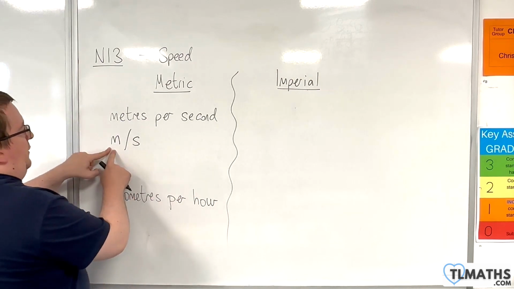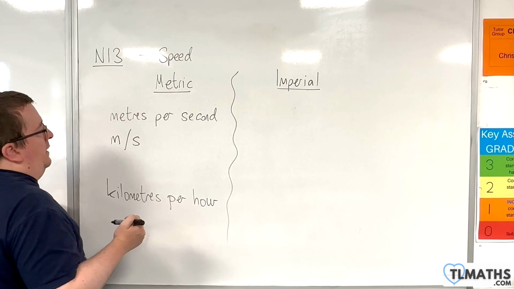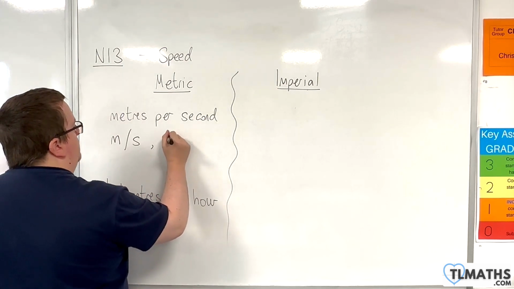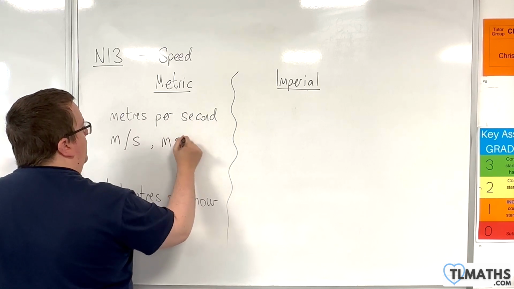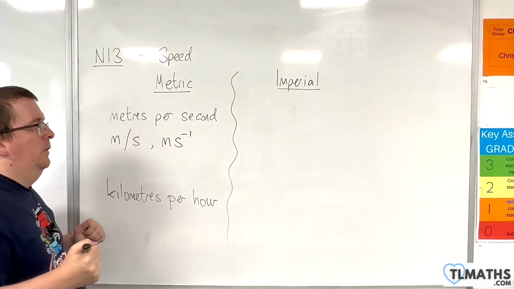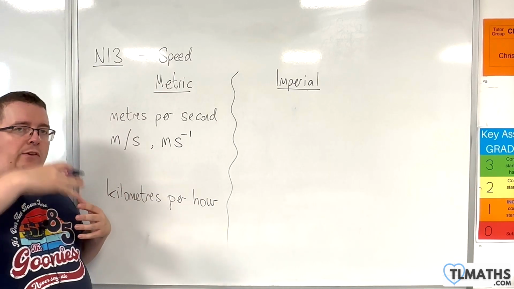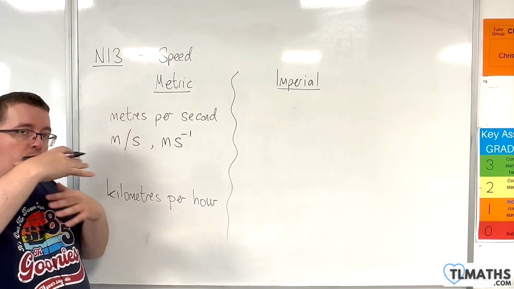Okay, that's how you calculate it. So meters per second can be written like this, or you can write it as this. Now, what that means is meters over seconds as a fraction properly, okay?